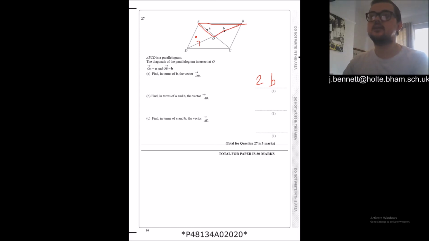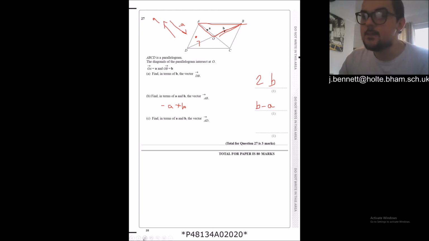So if the little a points towards A, we're going back from A. That becomes minus a. This direction is a, this direction is negative a. So we have a negative a, and then we have our regular b. So you can write minus a plus b, or you can just write b minus a.